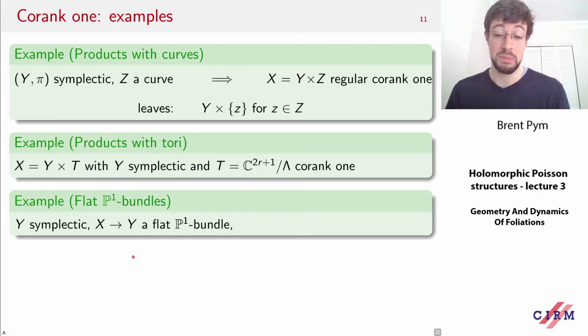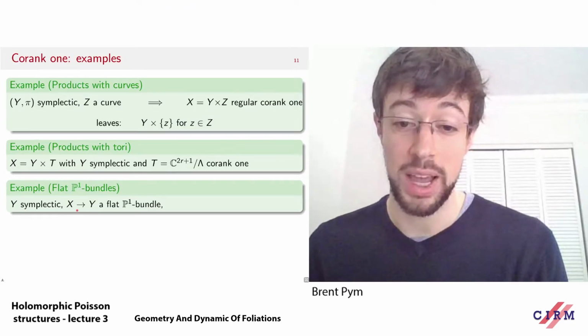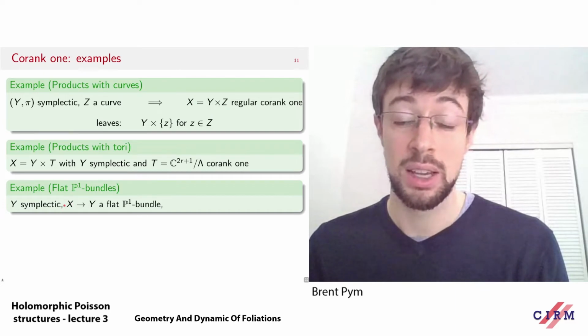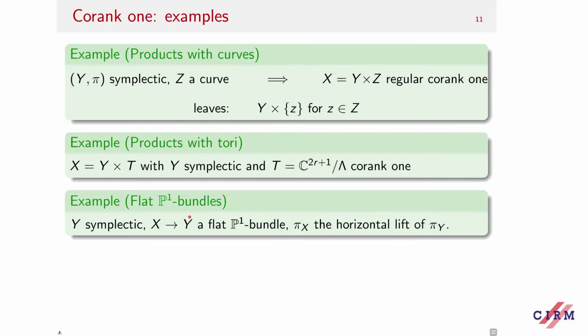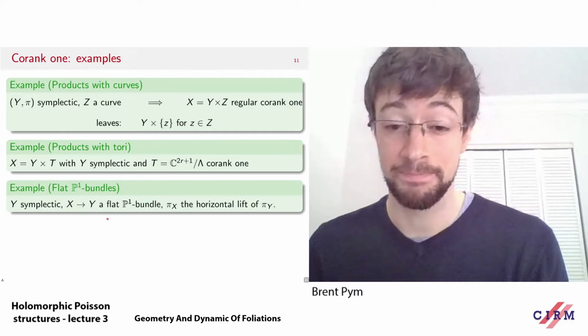Remember, a flat connection means that I can lift tangent vectors on Y to tangent vectors on X, and this operation is compatible with the Lie bracket. So as a consequence, I can take the Poisson structure pi_Y on Y, and I can consider its horizontal lift, which gives me a Poisson structure on X, which maps down to the Poisson structure on Y. So this is a Poisson map.